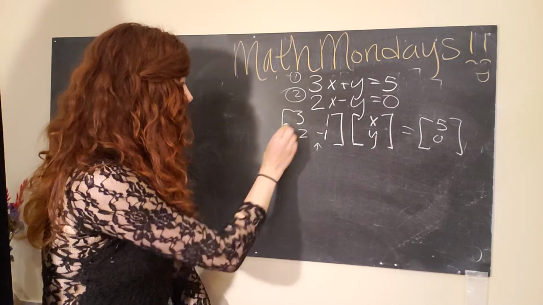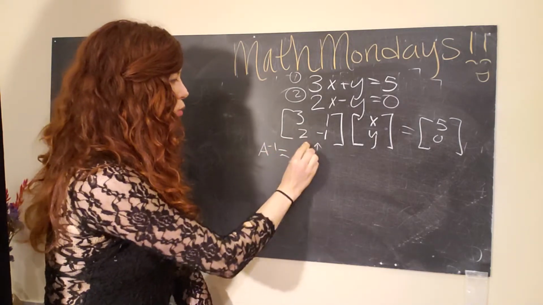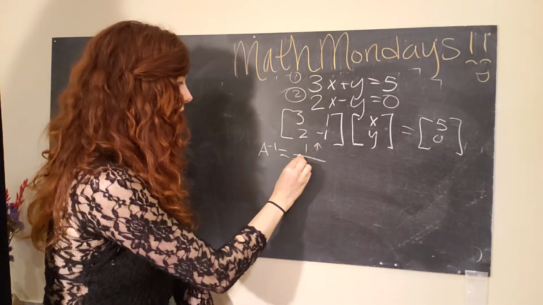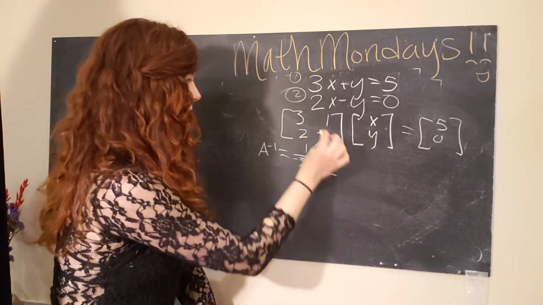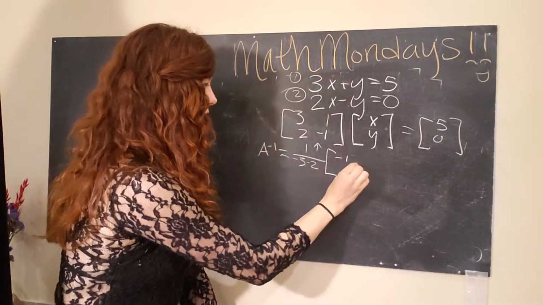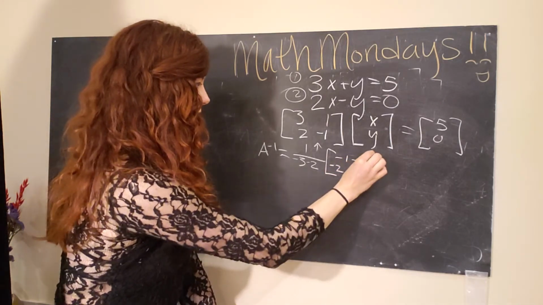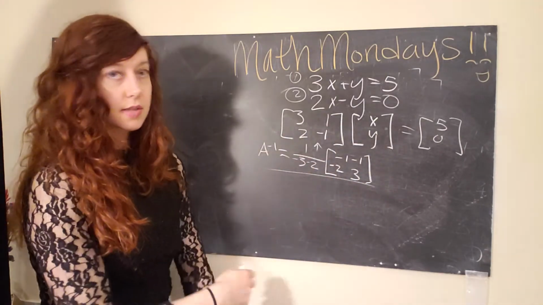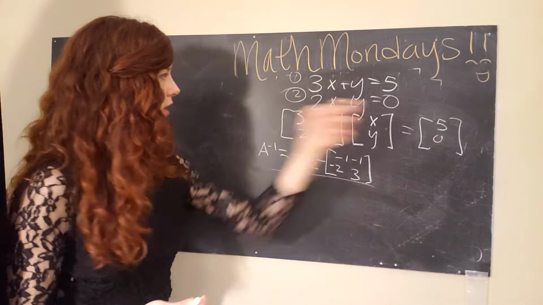In this case, the inverse of the matrix is 1 over the determinant, which is 3 times -1, -3, minus 1 times 2, times the matrix with A swapped with D, and a negative on both of the off-diagonal elements. That is the inverse of our matrix. Now we multiply the inverse by both sides of the equation.